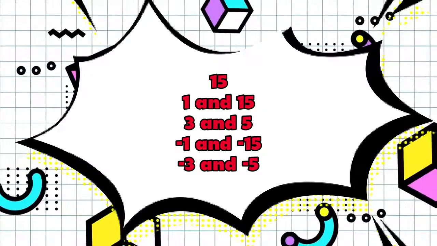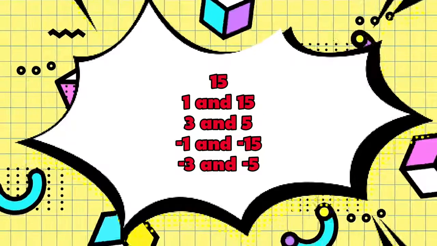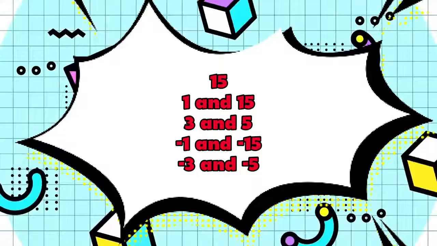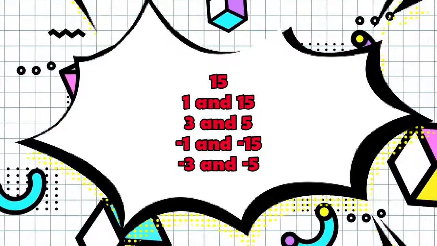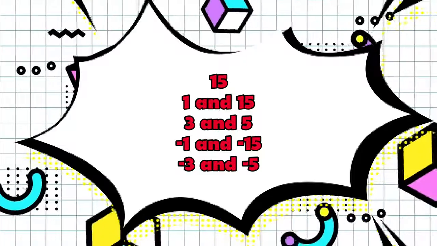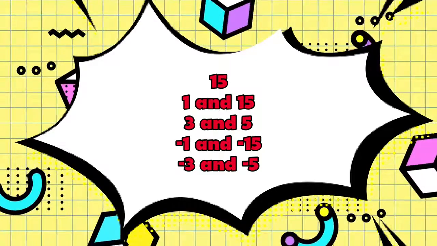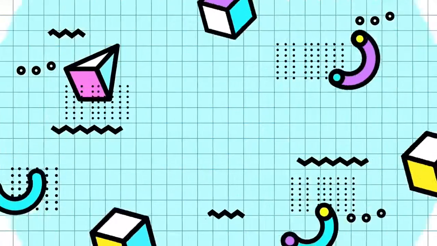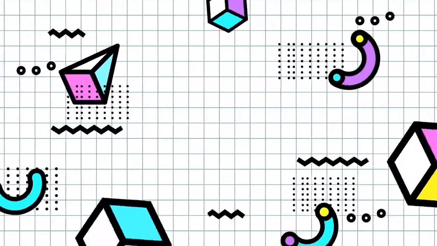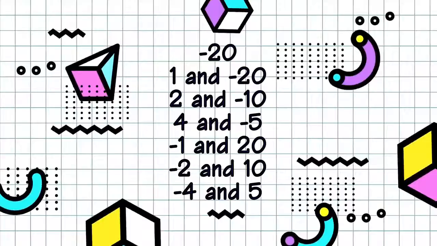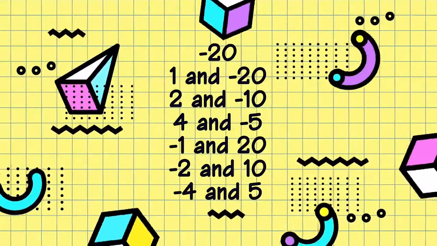Example, 15. The factors of 15 are 1 and 15, 3 and 5, negative 1 and negative 15, negative 3 and negative 5. If we are going to multiply these pairs of numbers, this will give us the result of positive 15. Next is negative 20.